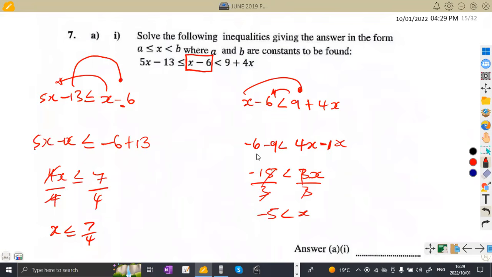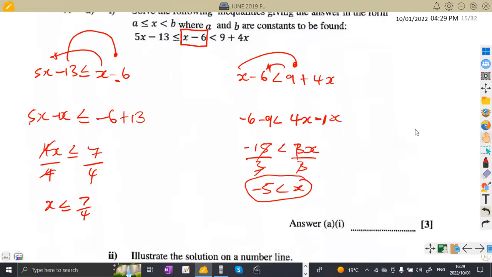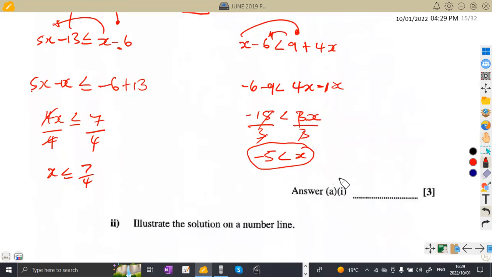Okay, so now take note of the conditions that you are given. We are supposed to write this in the form of x being greater than. That part is just the format that you're given, but it's best for you to write starting with the smaller one. The smaller value that we have in this case is this one. x is greater than minus 5. That is the smallest value, the one that you start with.